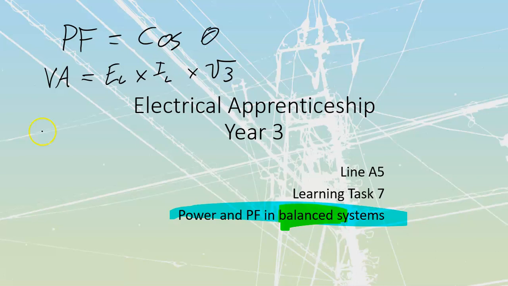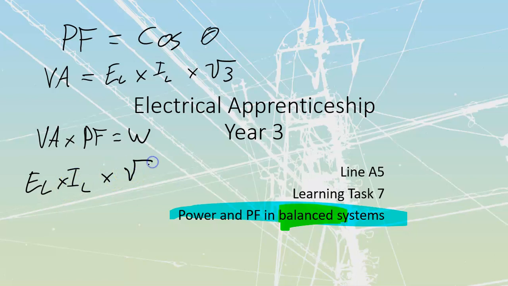If I then take my VA and multiply VA times my power factor, I will get my watts that I would have for that circuit. Sometimes you'll see this written out as the VA formula, E line times I line times root 3 times power factor is equal to your watts.